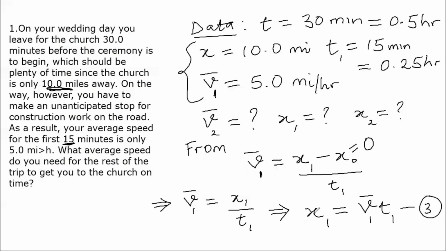So actually I can find out what my x1, which is the distance traveled in the first part, is. I can put the values, but for now I don't want to do that. It will still not hurt to put the numbers so that you find a numerical answer. But for me as a physicist, I just want to leave it at this particular point, and then I'll substitute all the values in the final analysis.